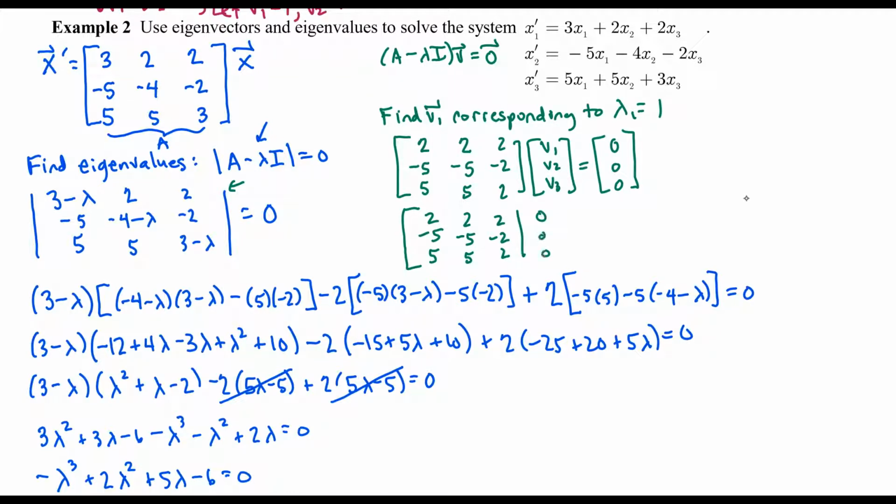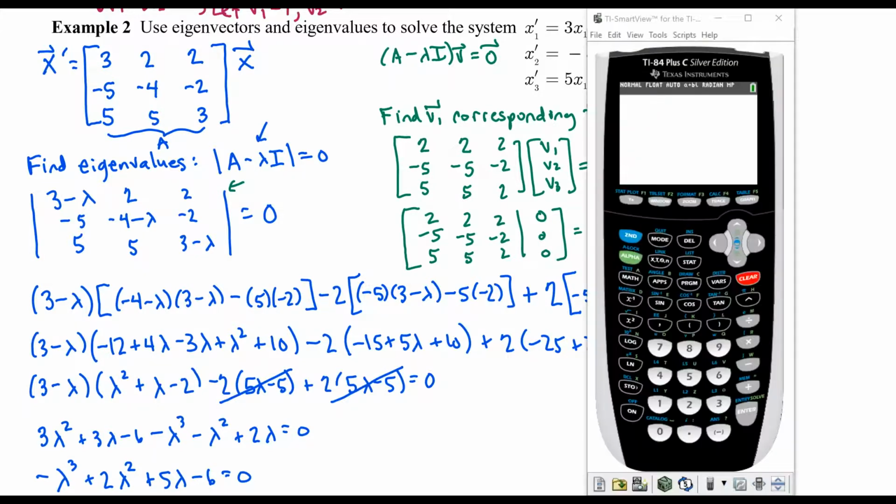So this is what I'm going to type into my calculator, and then I'm going to put it in reduced row echelon form. Okay, so I'm going to pause the video while I enter the information into the calculator, and then we'll look at the result. All right, with the matrix plugged into the calculator, we are going to apply the reduced row echelon form function to what I have entered as matrix A.